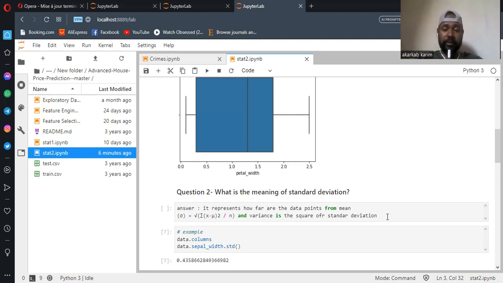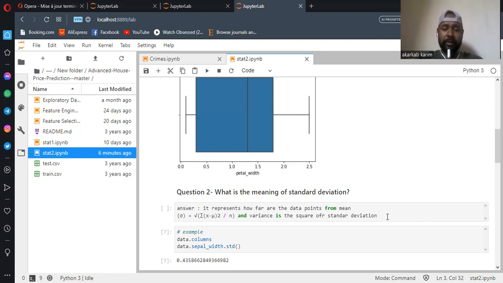Variance is the squared standard deviation. When we see the distribution of our data based on some variables, we can ask ourselves which point is farthest compared to the mean of the data.